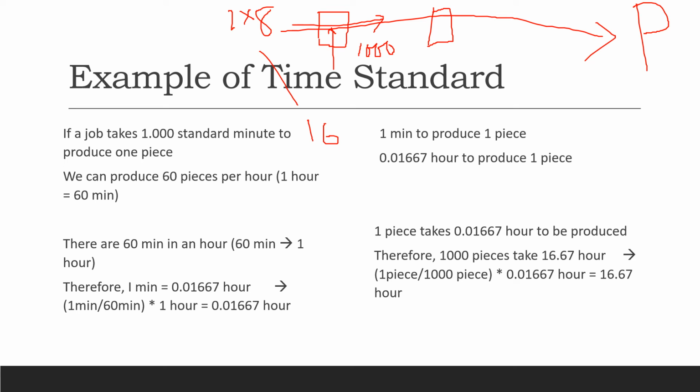So if you're producing only, let's say, 800 pieces, okay, in 2 days of your work, you're not at the performance standard.